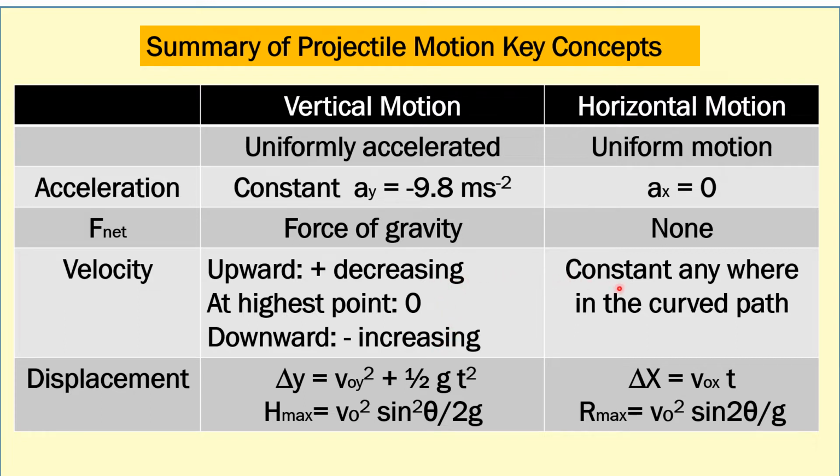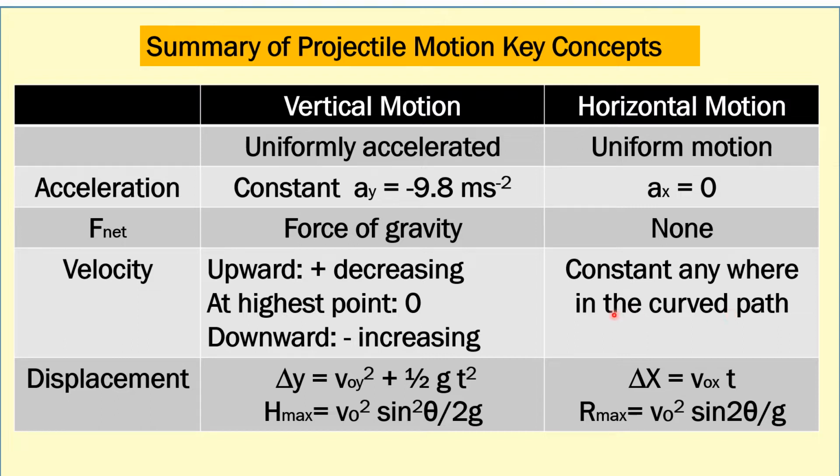For the horizontal component of the velocity, this is very important to remember. The horizontal component of the velocity is always constant, no matter where the projectile is located, as long as it is still in flight.